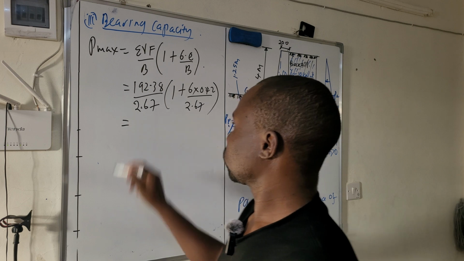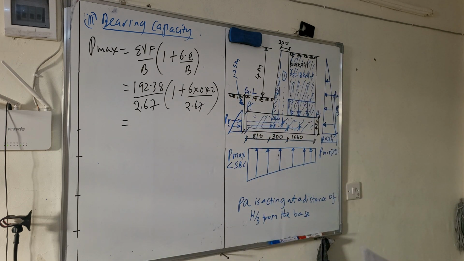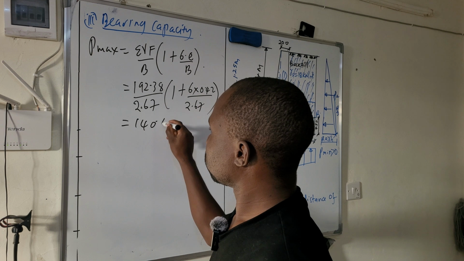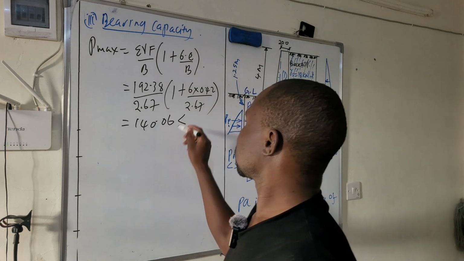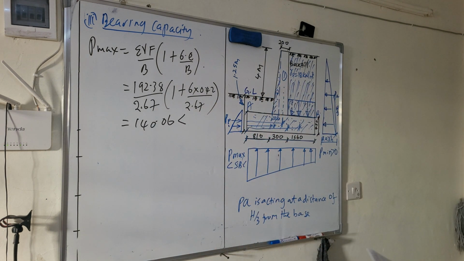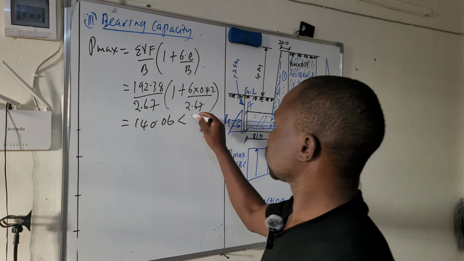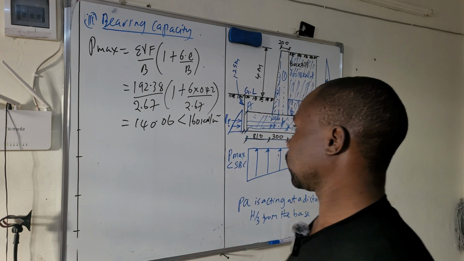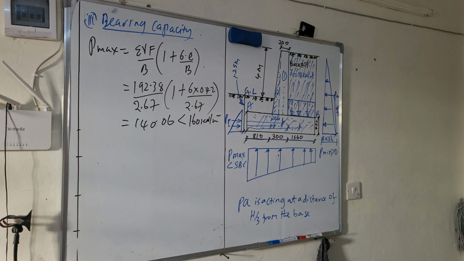If you carry out the operation, you will get 140.06, which is less than the safe bearing capacity of the soil, which is 160 kilonewton per meter square. Therefore, safe.